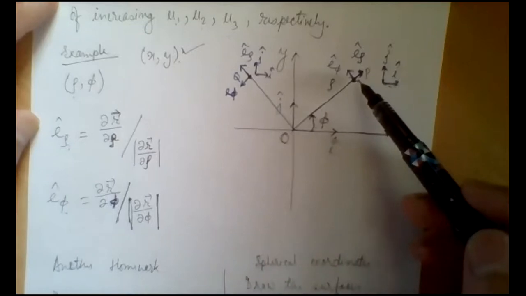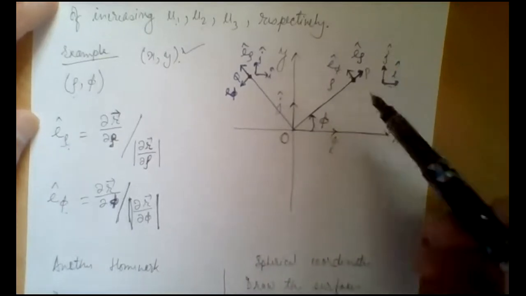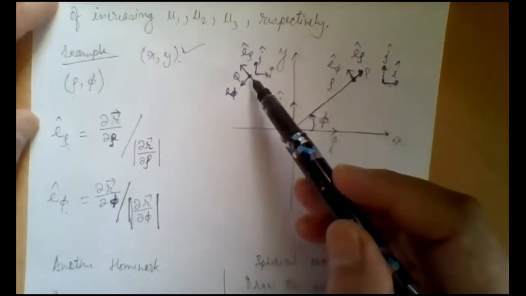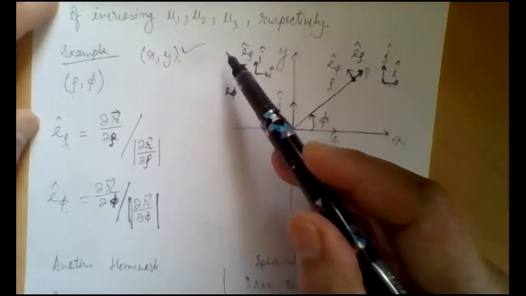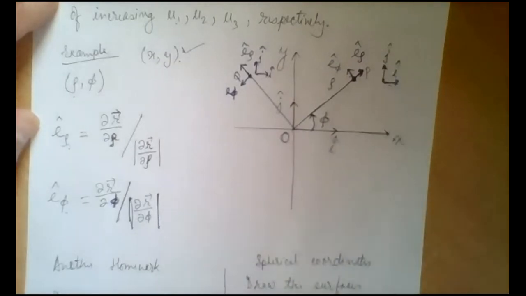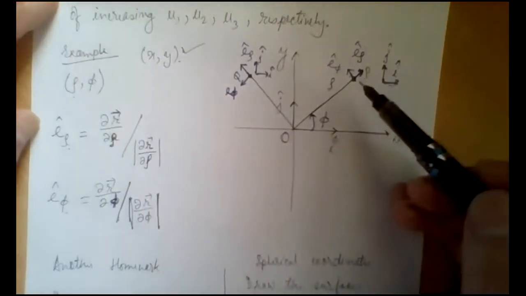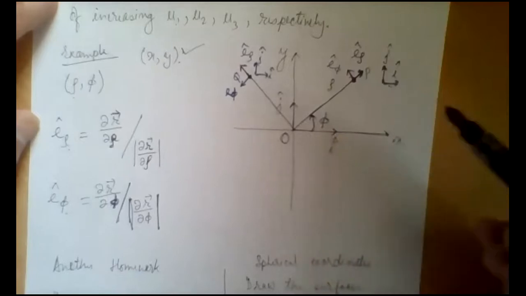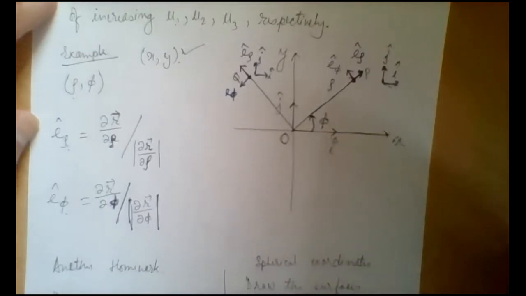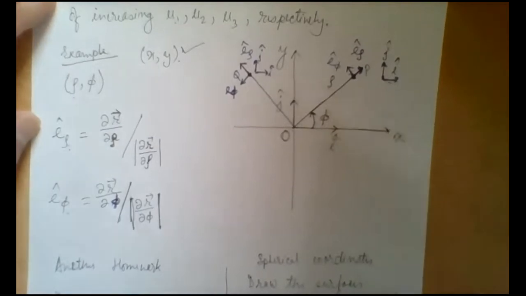At the point P, E rho points along this direction, E phi points along this direction, whereas at another point Q, E rho and E phi point along different directions. So for the polar coordinate system, the unit vectors are different at different points, unlike the i cap, j cap, and k cap unit vectors of the Cartesian coordinate system.